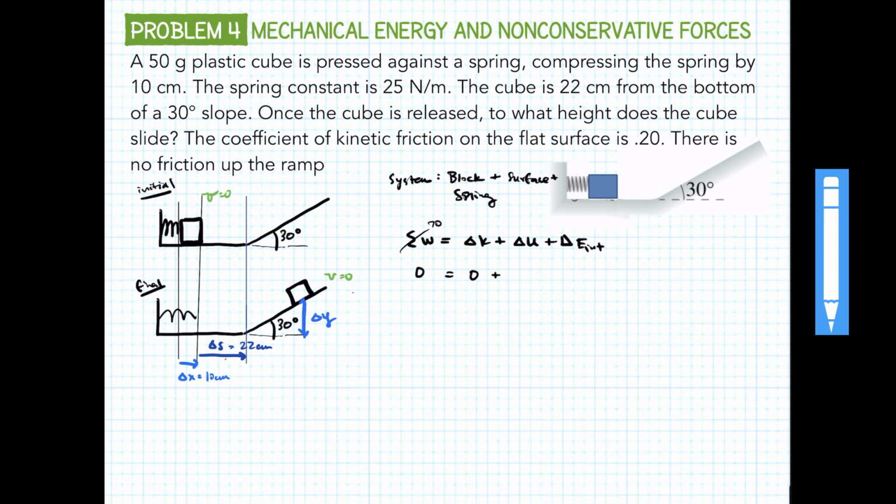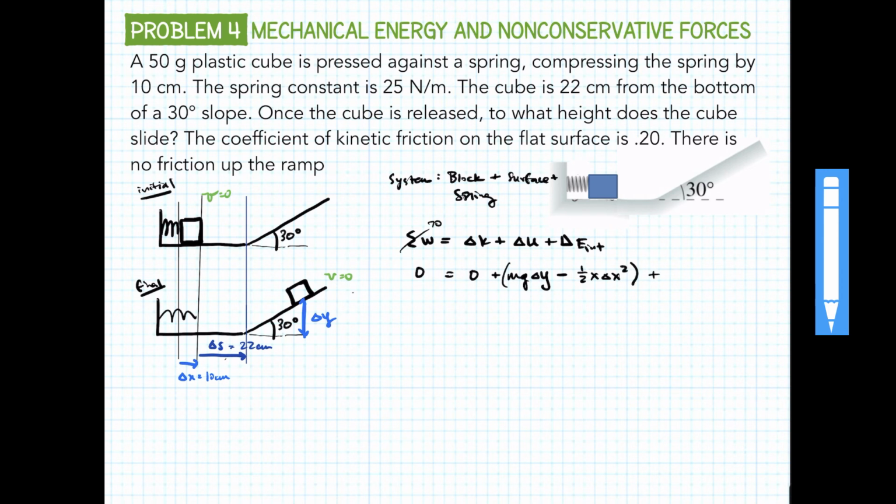Our final potential energy is gravitational, and our initial potential energy is spring. That's our change in potential energy.